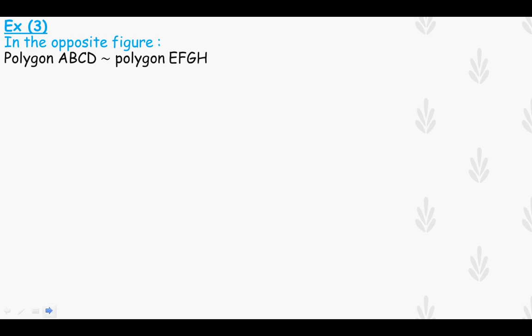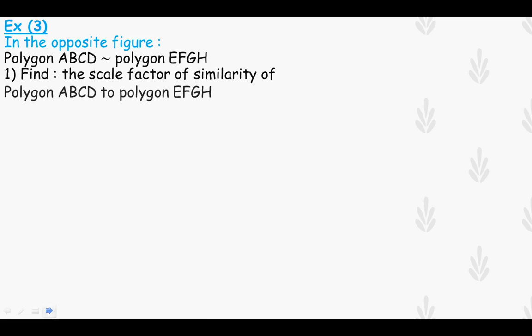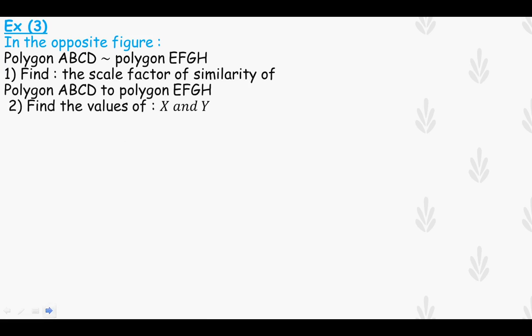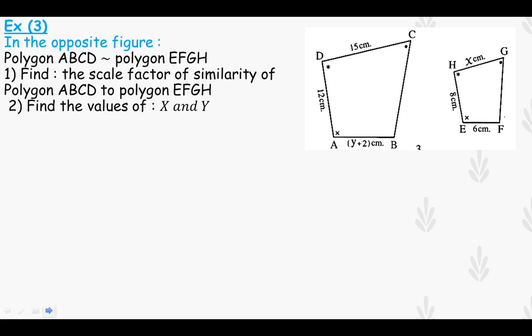Another example. In the opposite figure, polygon ABCD is similar to polygon EFGH. Find the scale factor of similarity of polygon ABCD to polygon EFGH. Find the values of x and y. Okay?